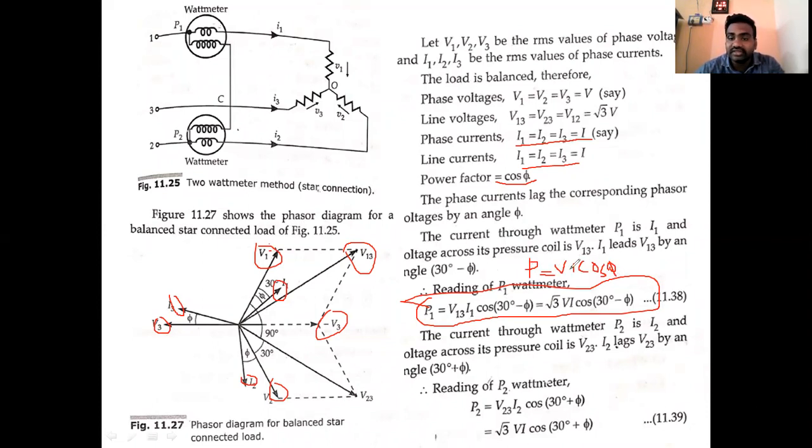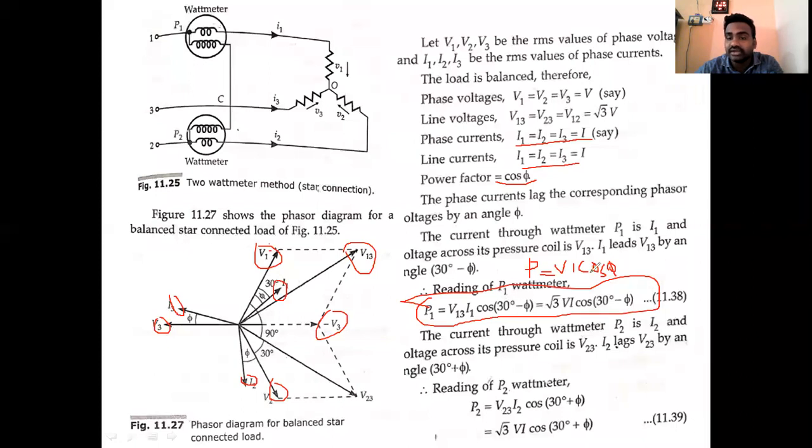What is the behavior of voltage at wattmeter 1? At wattmeter 1, the voltage is V13. Current flowing through wattmeter 1 is I1. The phase angle between V13 and I1 is 30 minus phi.